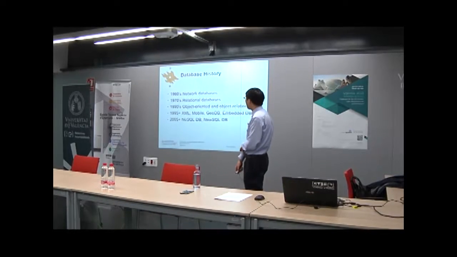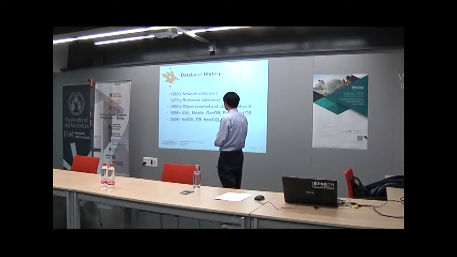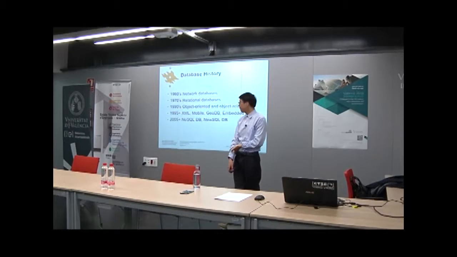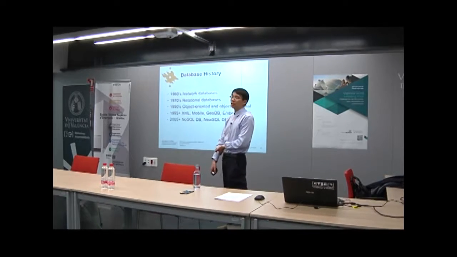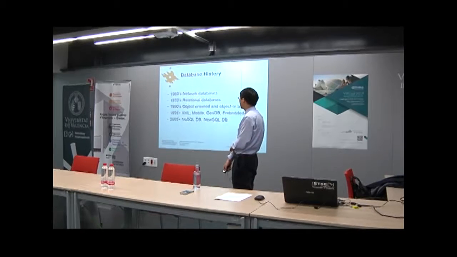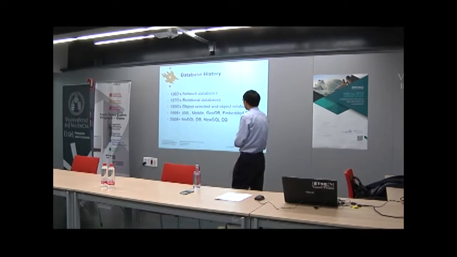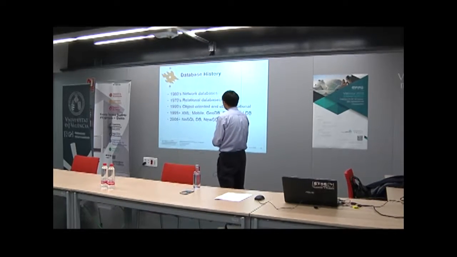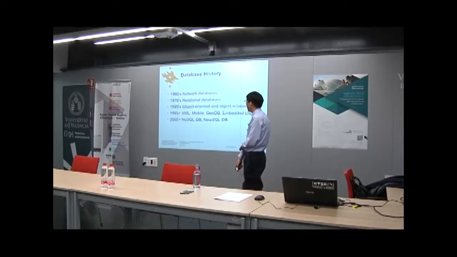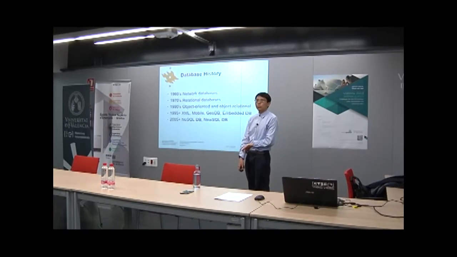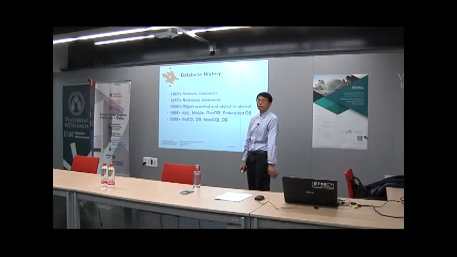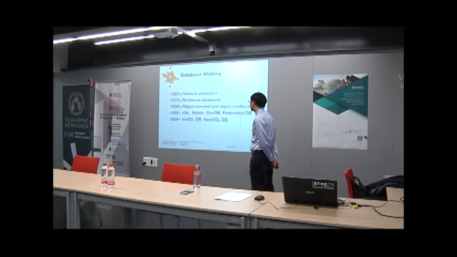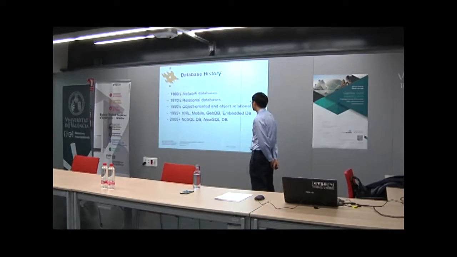Then in the 1990s, we have a new kind of database. This is the very popular OO database, meaning object-oriented database, and object-relational database in the 1990s. Then in 1995, we have multi-type databases, which can process different types of data, including the XML database, mobile database, geographic database, and embedded database.